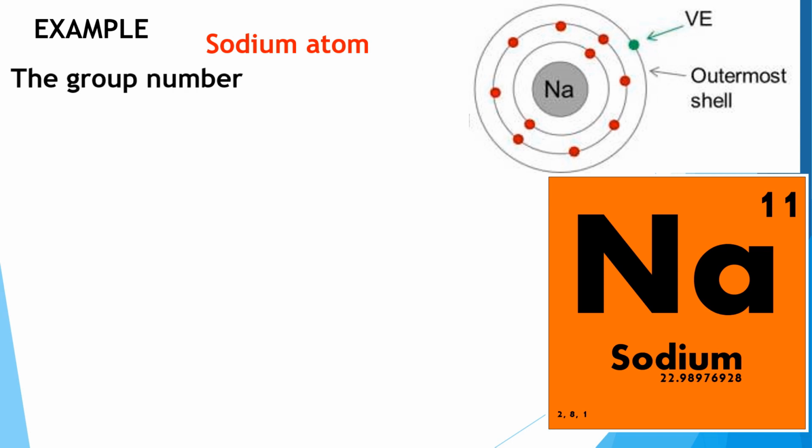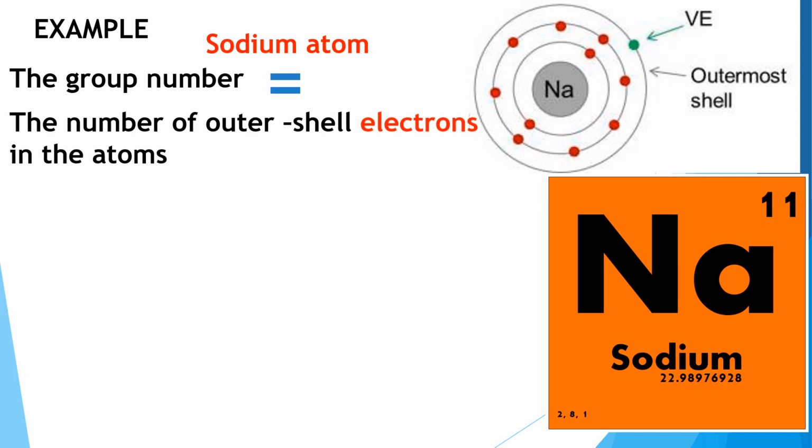So the group number equals the number of outer shell electrons in the atom. So in the sodium atom, the group number equals the outer shell electrons in the atom, which equals 1.